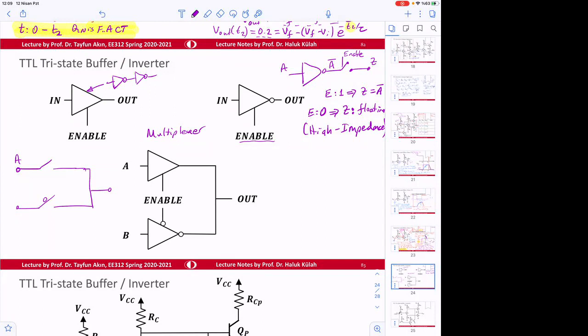So I guess this inverter thing is missing here. But maybe I shouldn't put an inverter here. So let's make this thing without inverter. Let's do this.